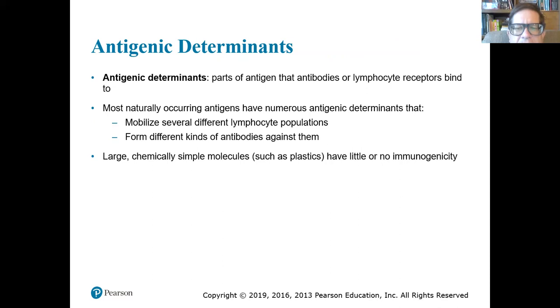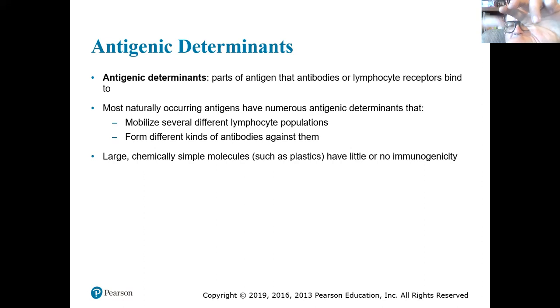Antigenic determinants. The determinant is the part of the antigen that will be grabbed onto by an antibody or by a lymphocyte. Most naturally occurring antigens have numerous antigenic determinants. This part of it could be a determinant, this part, this part, this part.